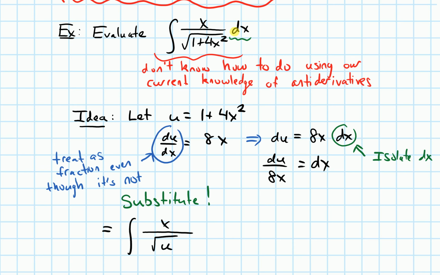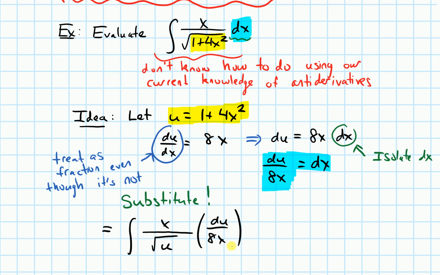And then dx, well, we know what dx is. So let me just highlight some stuff. So the 1 plus 4x squared, that's what we said was u. And then the dx, well, we said dx is du over 8x. So let's plug that in. So dx is du over 8x.